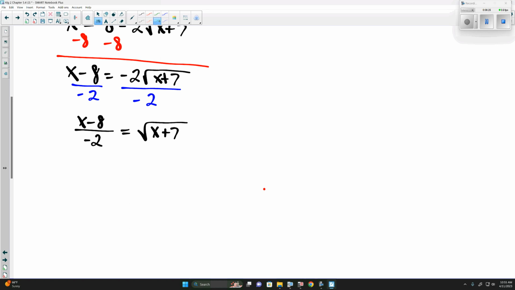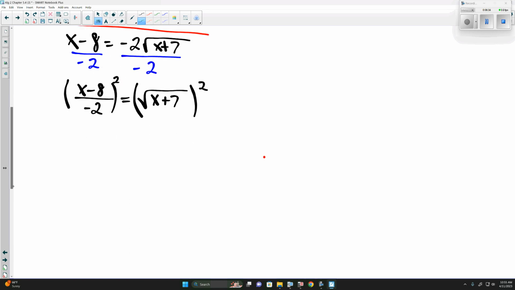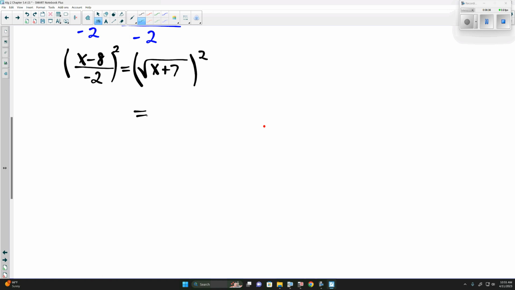Now do we have the radical by itself? Yes. So now we can put both sides to the second power. Luckily, the square root and square on the right-hand side will simplify, leaving us with x plus 7. So it took us 2 times going through this, but now all the radicals are simplified out.